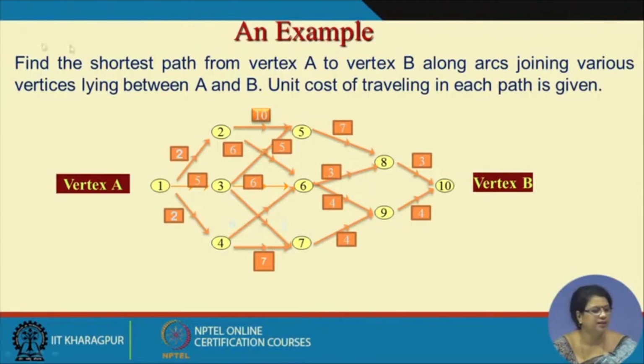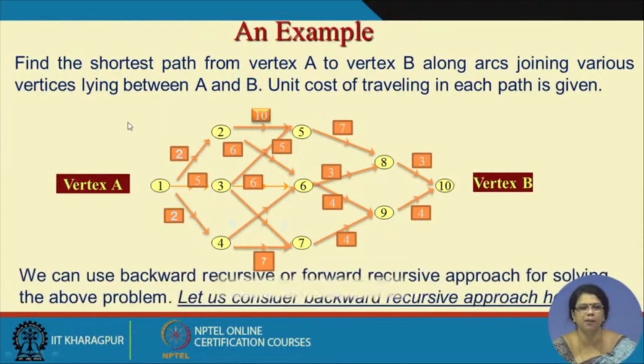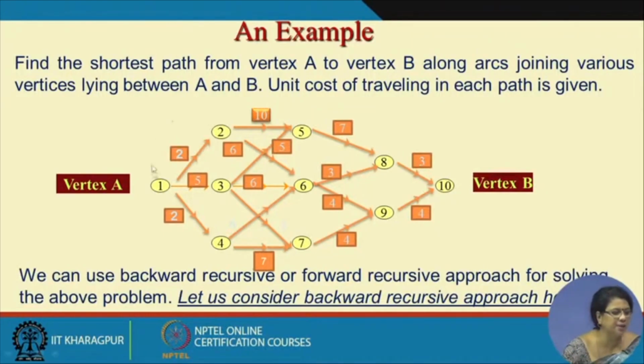How? The dynamic programming model is generally considered through a backward recursive formula or a forward recursive formula. What does it mean? I will plan in this way. If I plan from 1 to 10, what should be the path?